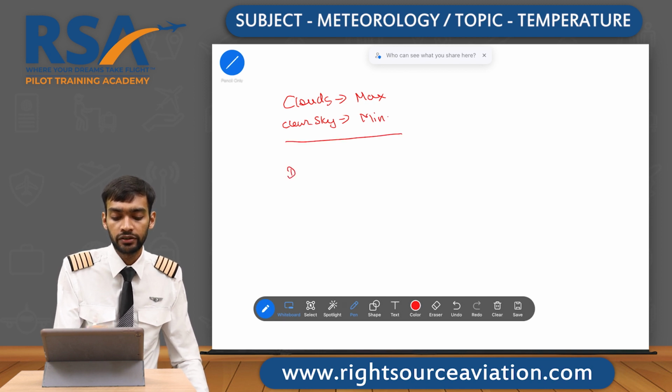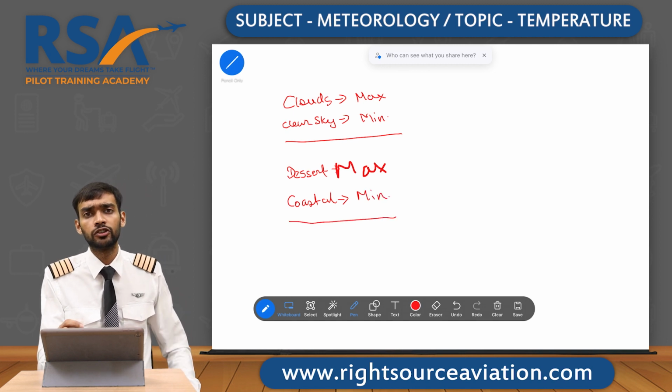Thereafter, the desert place, maximum change will happen, while on the coastal places, minimum diurnal variation of temperature will happen.